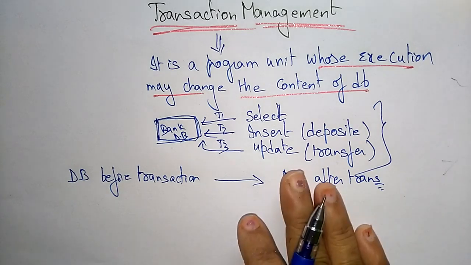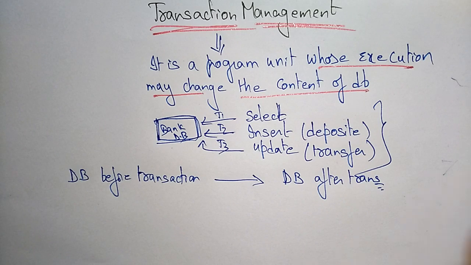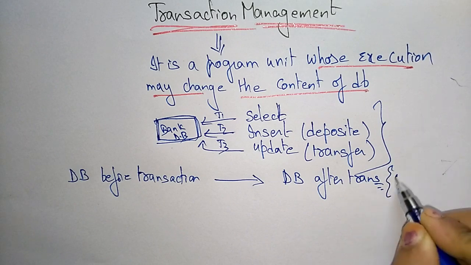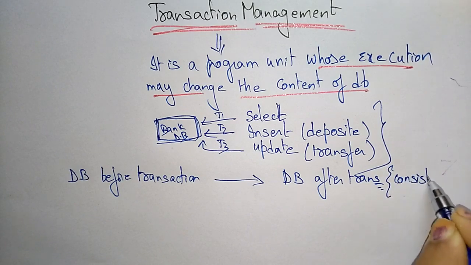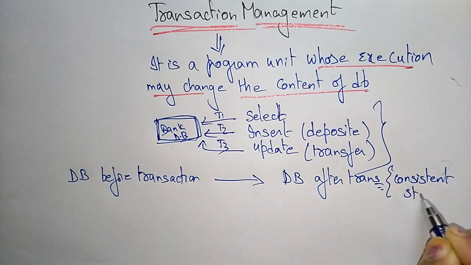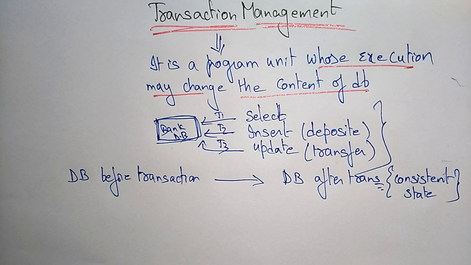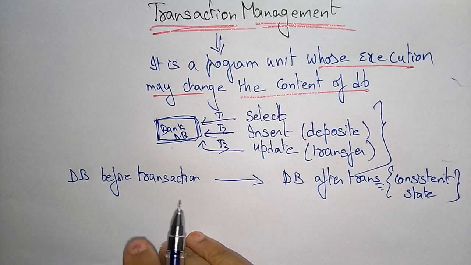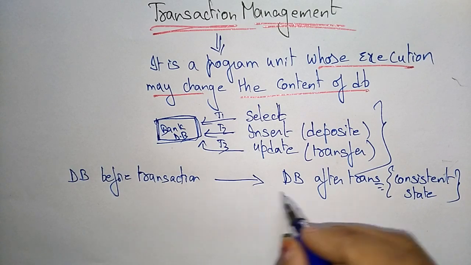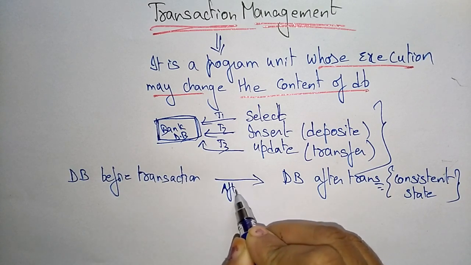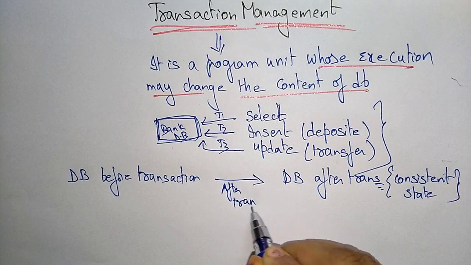Database before transaction and after transaction, it should be in a consistent state. Actually the consistent state is nothing but it is correct. Consistent means the correct values or the correct database.